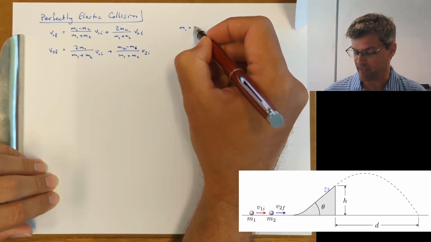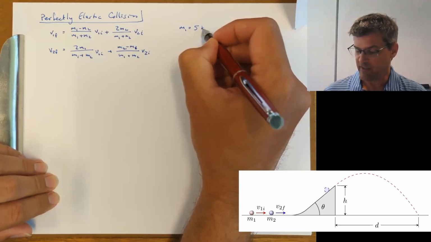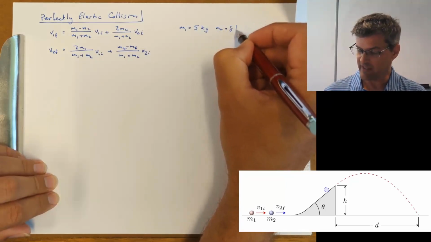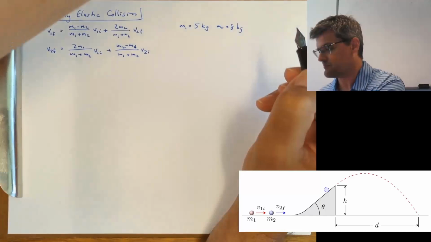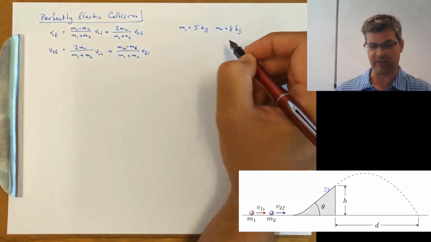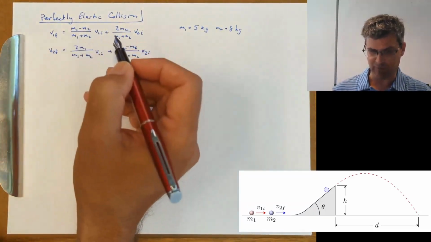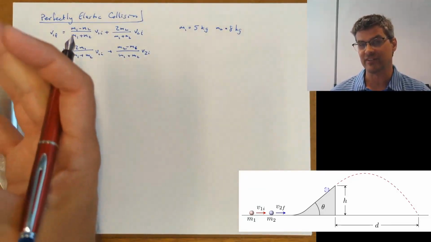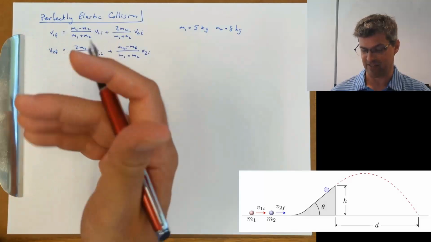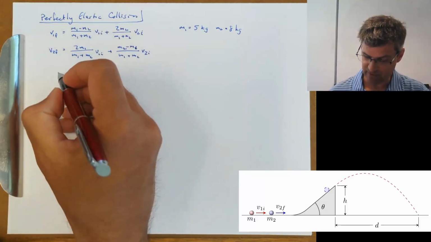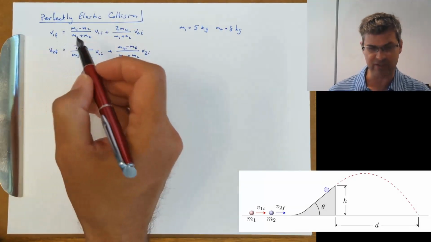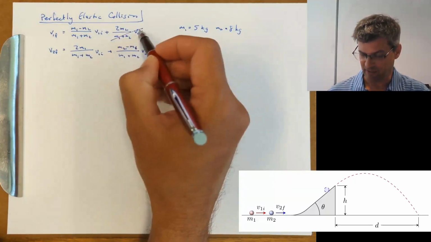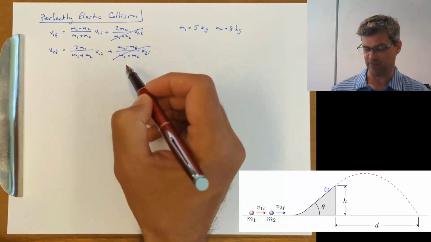Now, just for argument's sake, let's say that mass 1 is smaller than mass 2. And for numbers' sake, maybe we say that m1 is 5 kilograms and m2 is 8 kilograms. This is something that's perfectly and totally allowed. Well, then we could come up with some numbers. Maybe, for example, we wanted to find out after the collision, how fast is m1 moving? So here, if we start with a situation where v2 isn't moving before the collision, we can remove that term.